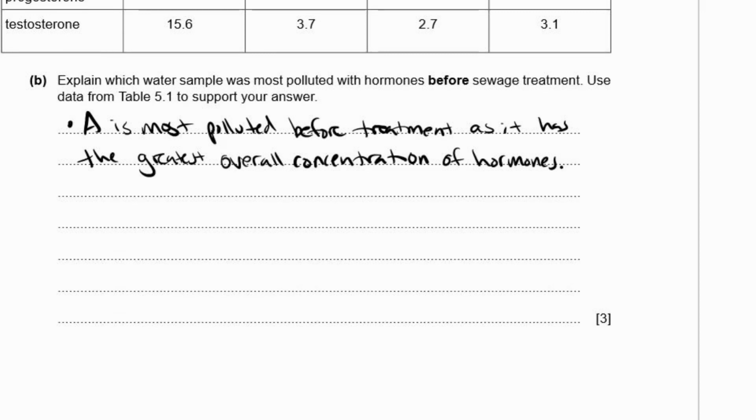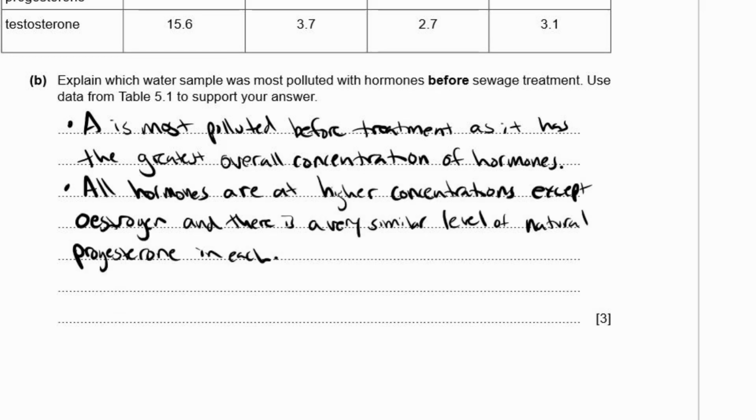So A is most polluted before treatment as it has the greatest overall concentration of hormones, specifically the testosterone. So all the hormones are at a higher concentration except estrogen, and there is a very similar level of natural progesterone in each. All right. And for each of these points, you could say, we're saying A is most polluted. You could say B is least polluted instead.